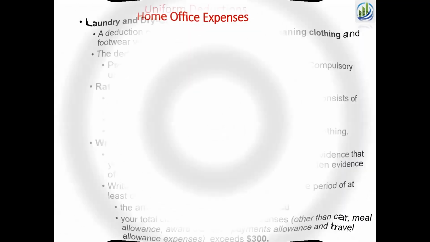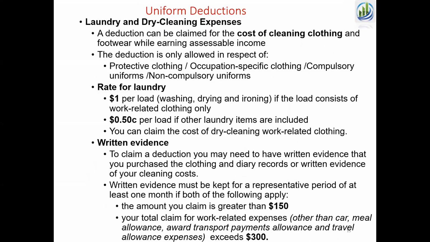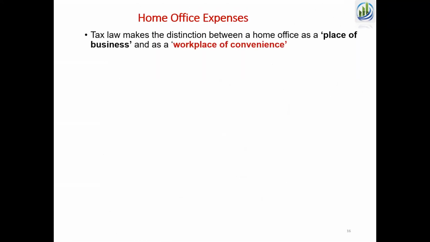Now we will move into home office expenses. Before moving on, we will understand what the home office is. There are two types of home office. One is your principal place of business or principal place of work.